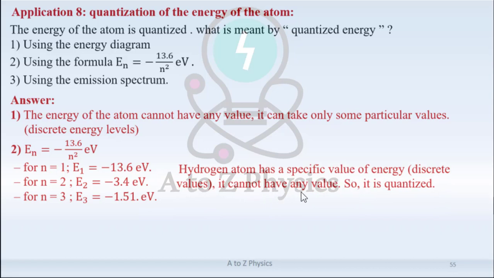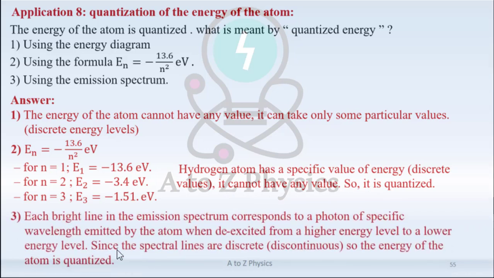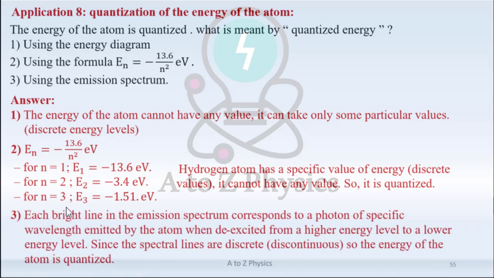It cannot have any value, so it is quantized. Now, using the emission spectrum, each bright line in the emission spectrum corresponds to a photon of specific wavelength emitted by the atom when de-excited from a higher energy level to a lower energy level. Since the spectral lines are discrete, discontinuous, the energy of the atom is quantized.